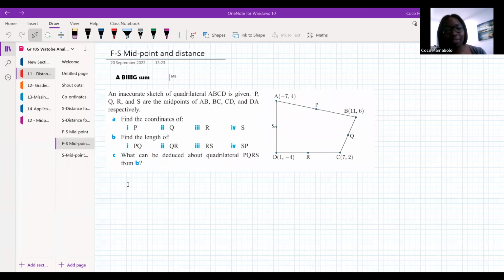We can do a rapid fire round. Any answer that you have for P, Q, R, and S, please drop it in the chat for me. Let's see what you guys get. I want to see who can move faster than I can. Let's go.